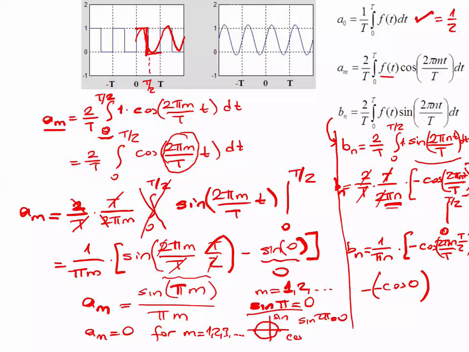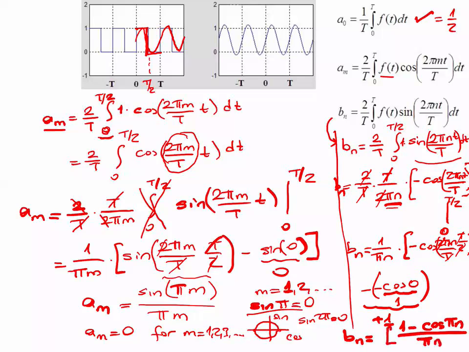So it will be like minus cosine pi n. T's will go away, 2's will go away. And then, what is cosine 0? It is 1. Minus minus is plus 1. And this is minus cosine pi n. And then I'm going to write B_n is equal to 1 minus cosine pi n divided by pi n.